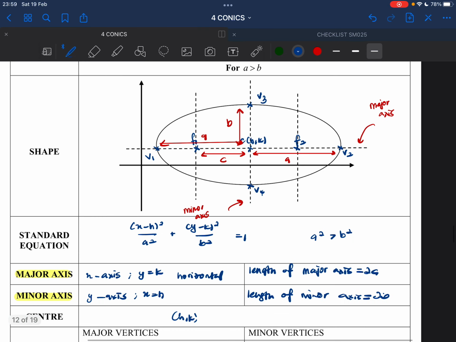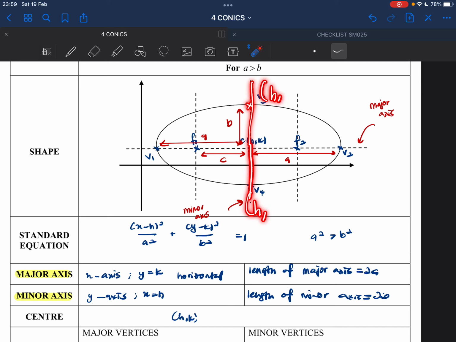Okay, so let's see the minor vertices. What coordinate is the same here, x or y? The minor axis is x is equal to h, so the value of x will be the same, h here and h also here. The only thing that will change is the y coordinate.